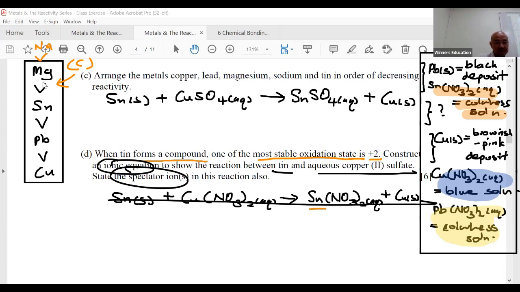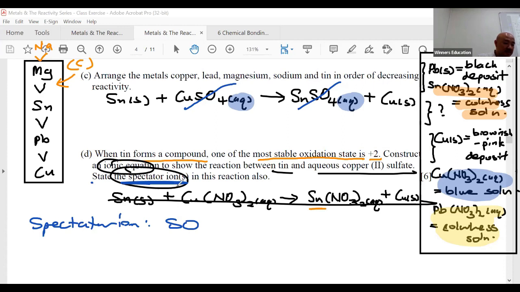You should also have learned it in Sec 3, everyone, right? We choose the aqueous ones, and then we chop off the ions that you see on both sides. And therefore, we know our spectator ion, 1 mark. The spectator ion is your sulfate ion. They say state, so you can either write the formula or the English word. SO4 2 minus, sulfate ion.